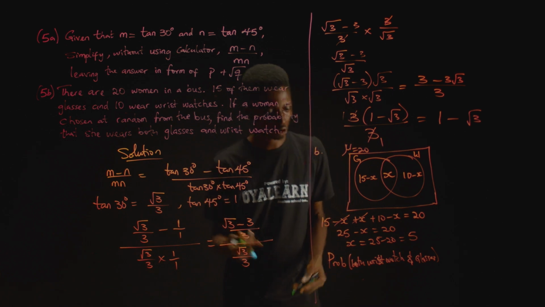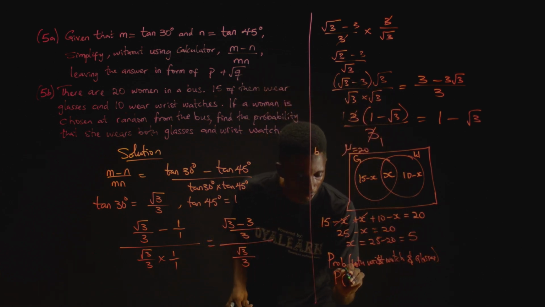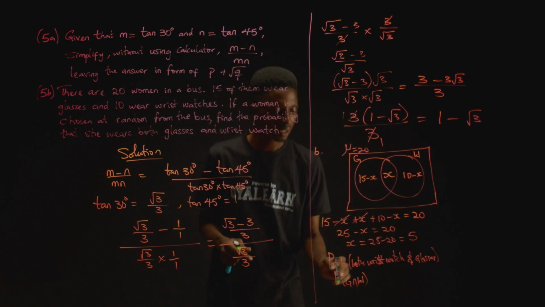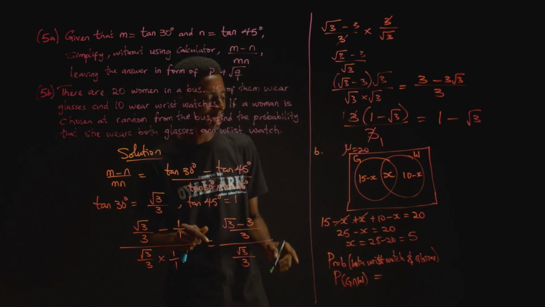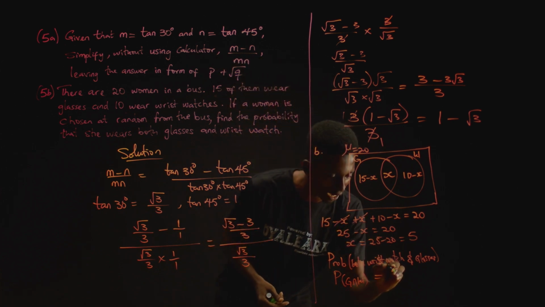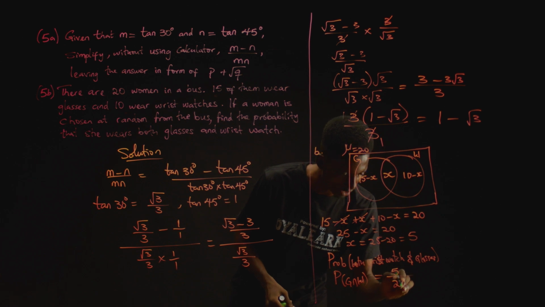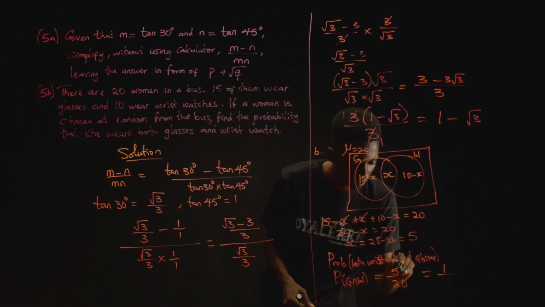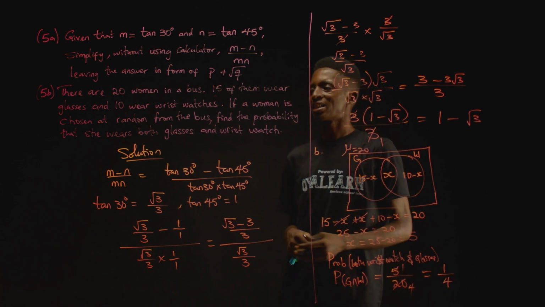Now another way to write this is to say probability of G intersect W. Okay, and this will then be the number of women that are wearing both, which is 5, over the total number of women in the bus, which is 20. And this would give us 5 and 5, 1. 5 and 20, 4. So we have 1 over 4 as our answer.